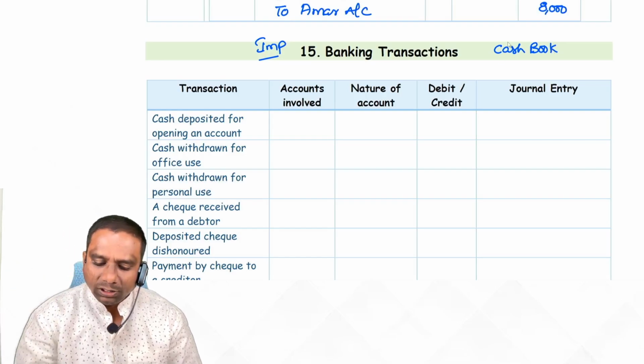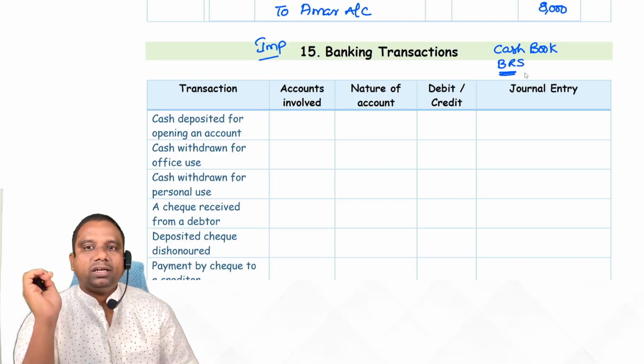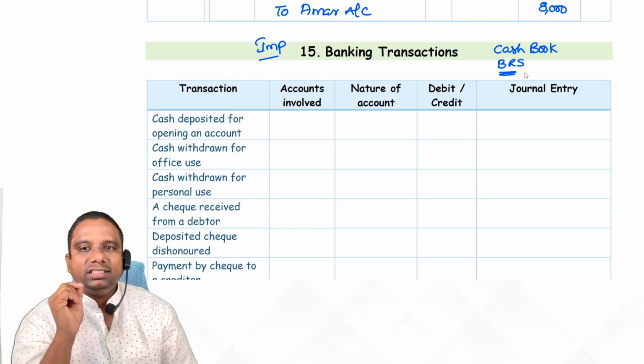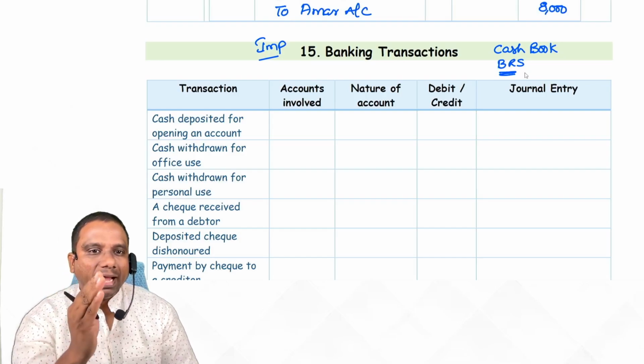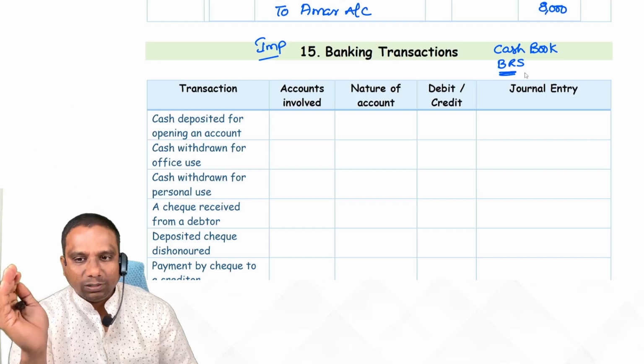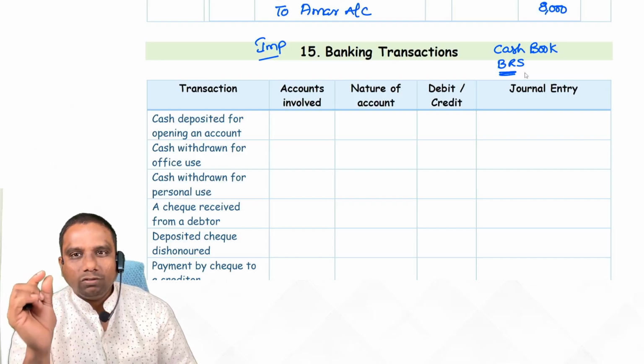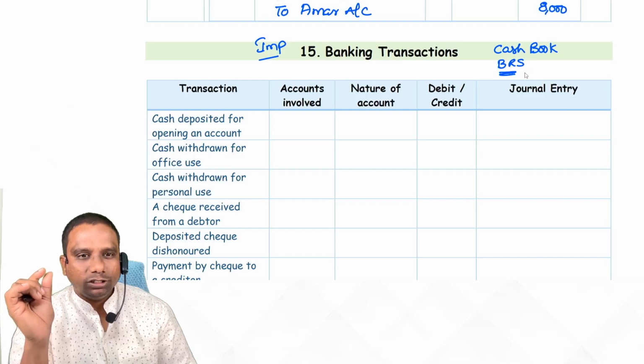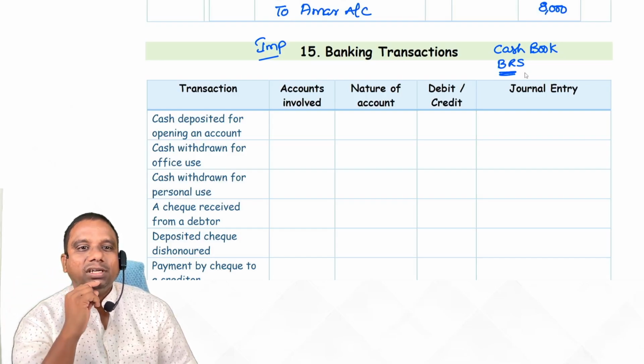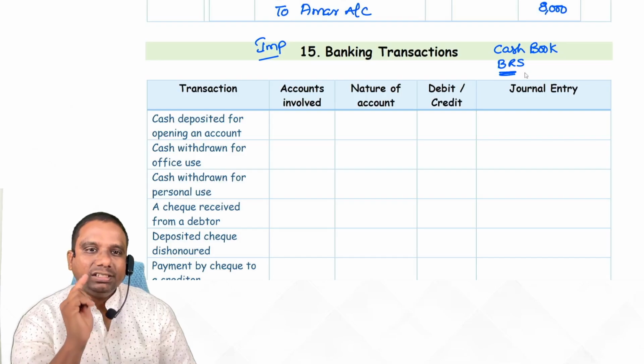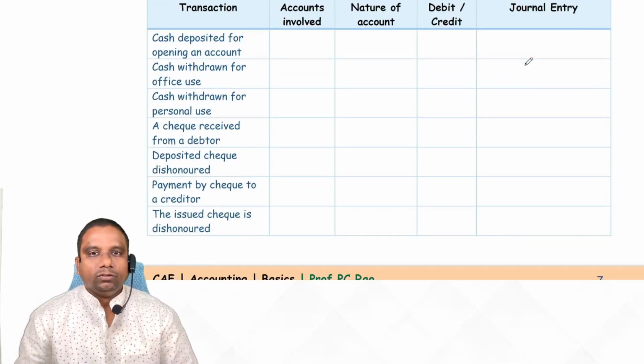At the same time, we have an important chapter called BRS, Bank Reconciliation Statement. For solving the problems of these two chapters, this concept helps you a lot. Is it clear, students? So be careful.